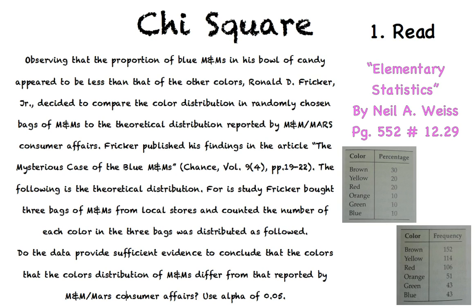The following is the theoretical distribution. For his study, Fricker bought 3 bags of M&Ms from local stores and counted the number of each color in the 3 bags, which was distributed as follows. Do the data provide sufficient evidence to conclude that the color distribution of M&Ms differs from that reported by M&M Mars Consumer Affairs? Use alpha 0.05.